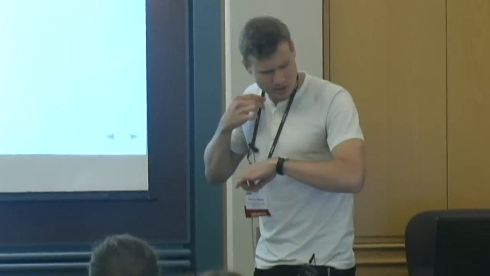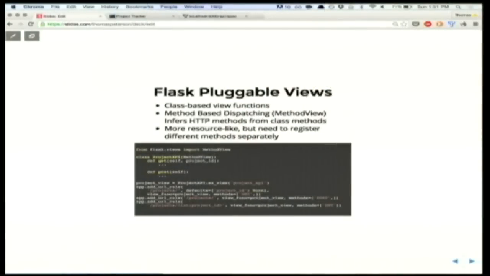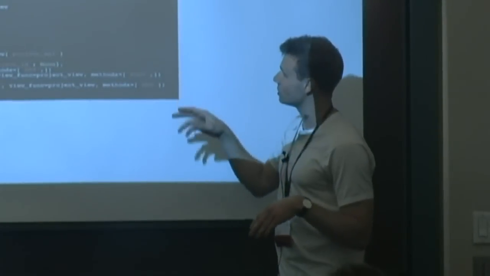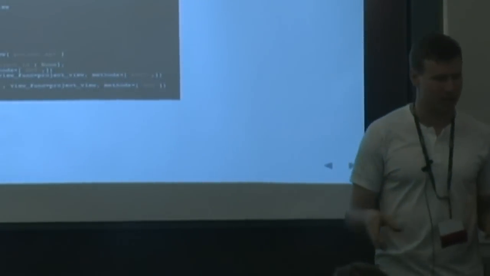So there's a better way to do this in Flask, using Flask pluggable views. It's this way of generalizing your views into classes so that they're reusable. And specifically, I want to touch on one version of that called MethodView, which uses a thing called method-based dispatching.